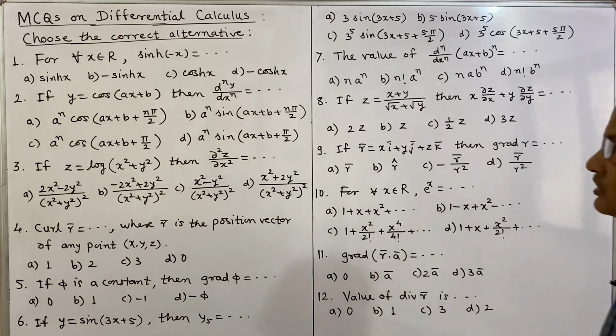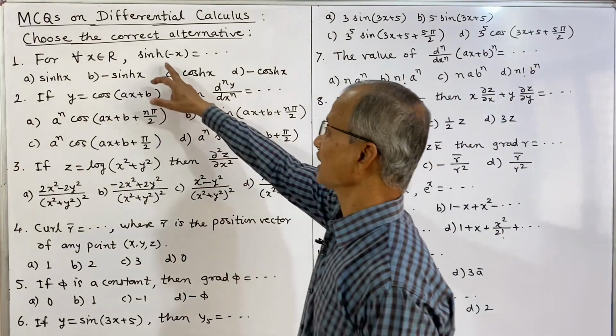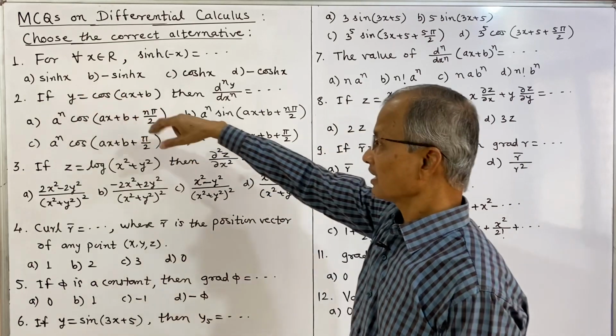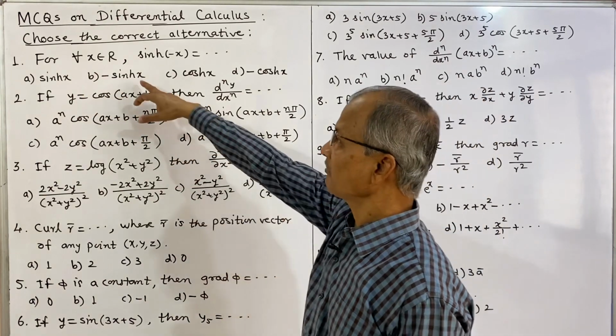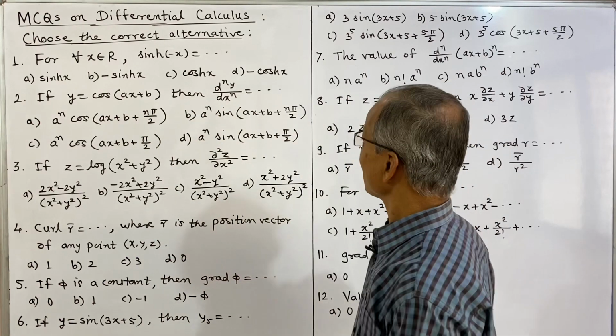The first question is, for all x belongs to R, hyperbolic sine of negative x is equal to which of these? Hyperbolic sine x, negative of hyperbolic sine x, hyperbolic cos x, negative of hyperbolic cos x.